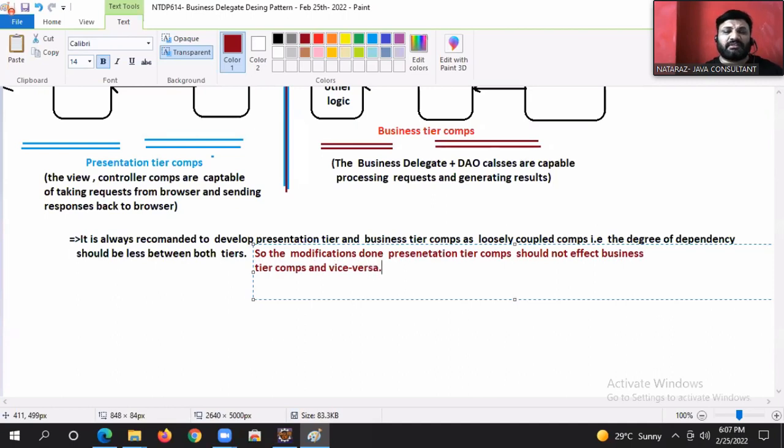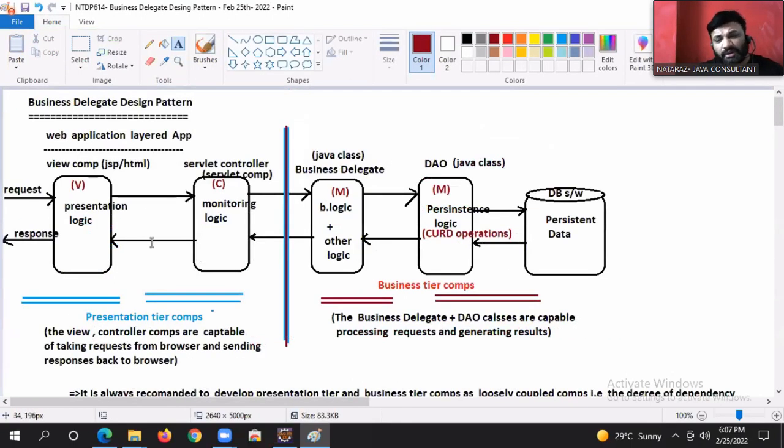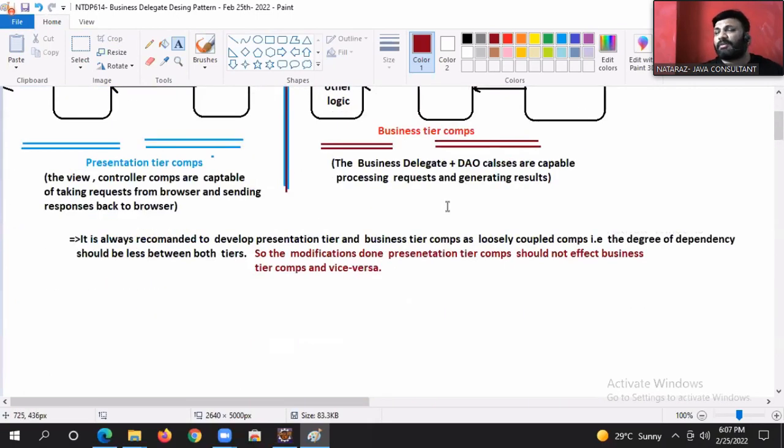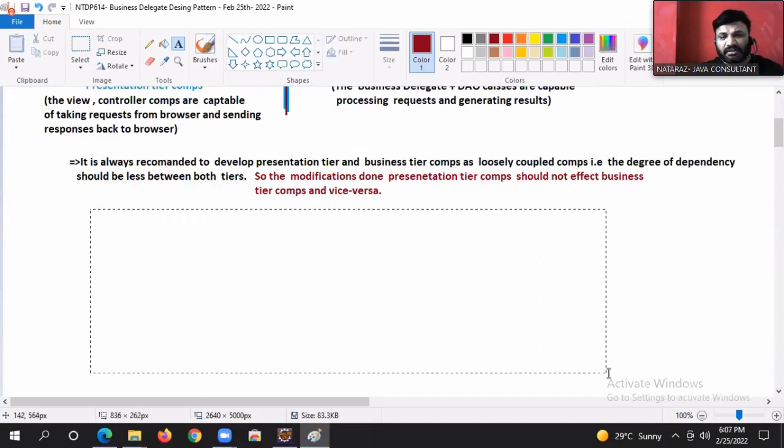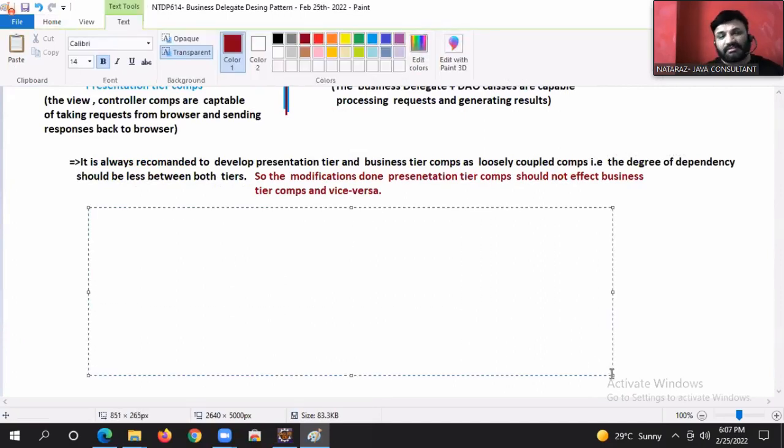Vice versa means the reverse should also be true, guys. If I do any modification in the presentation tier, you should not disturb the business tier. If I do any modification in the business tier, you should not disturb the presentation tier components. Okay, the reason I will tell you, guys.